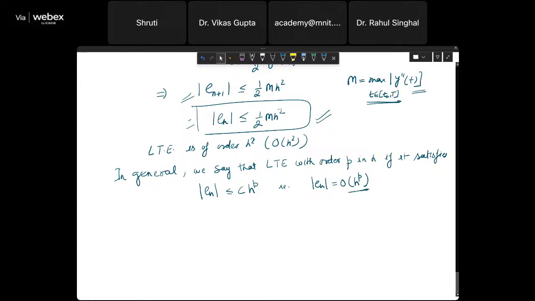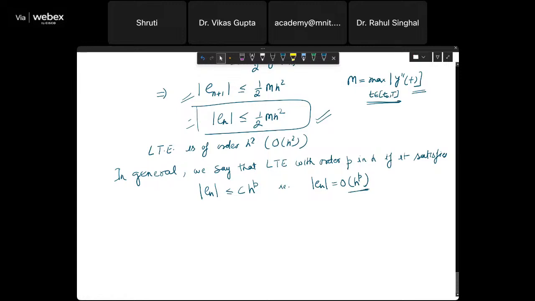Typically, the order of the global truncation error is always one less than the order of the local truncation error, which means if the local truncation error is of order h to the power p, then the global truncation error will be of order h to the power p minus 1. Okay, so this is typically what we know.